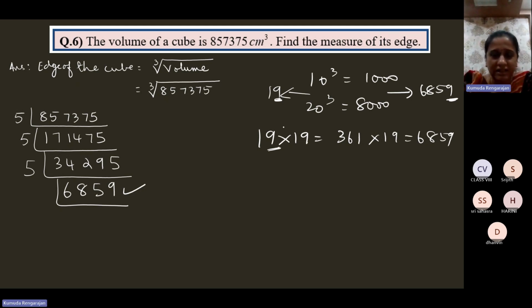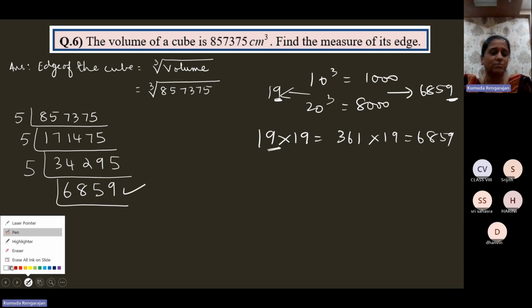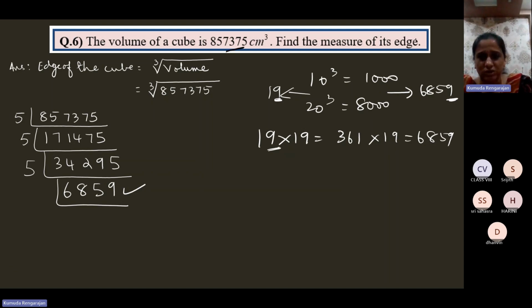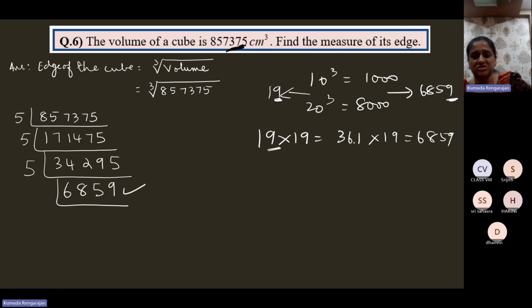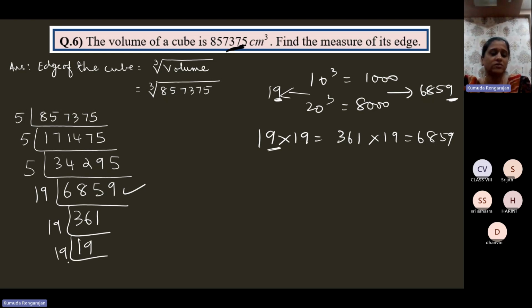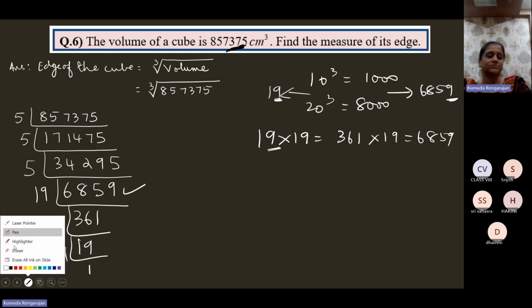If it is not 19 into 19 into 19, then the given number is incorrect, because this should be a perfect cube. I worked 19 into 19, 361, into 19 is 6859. So it is 19 cubed.